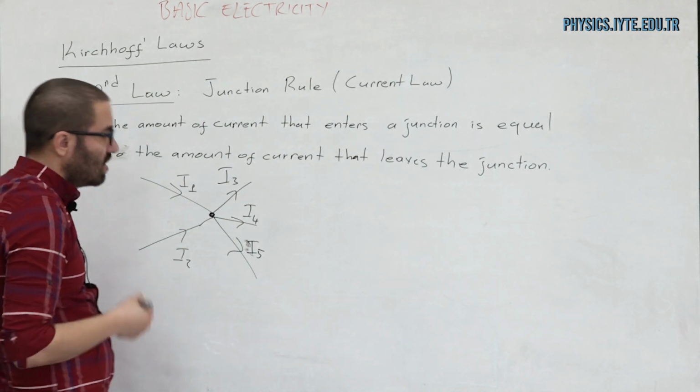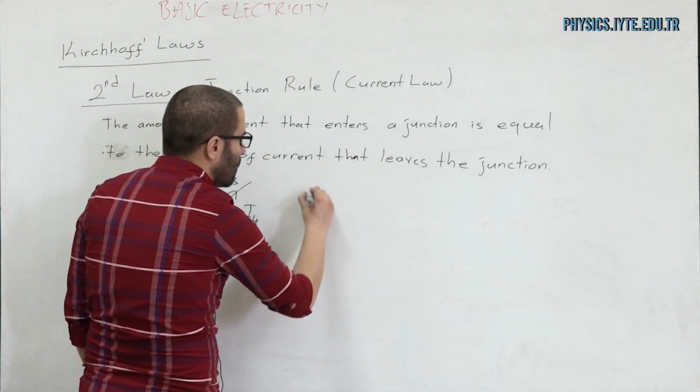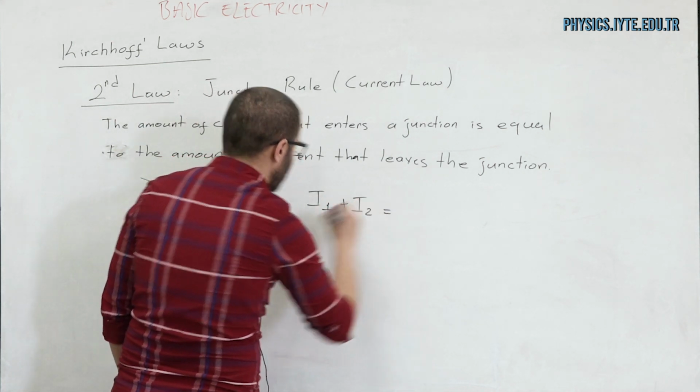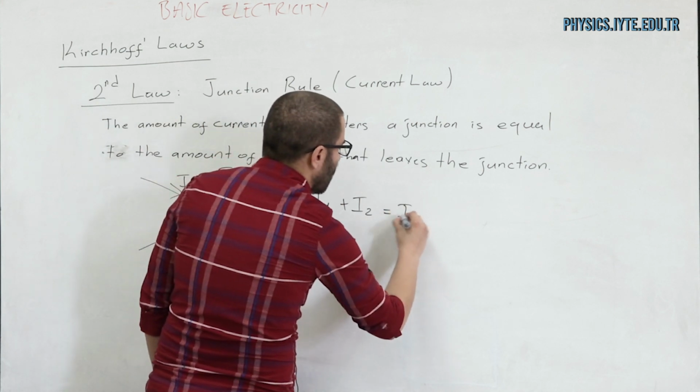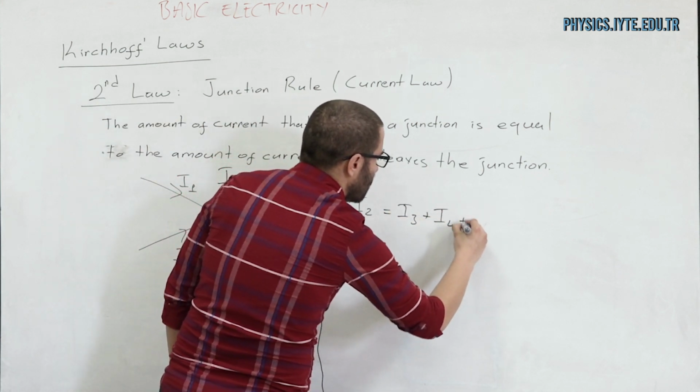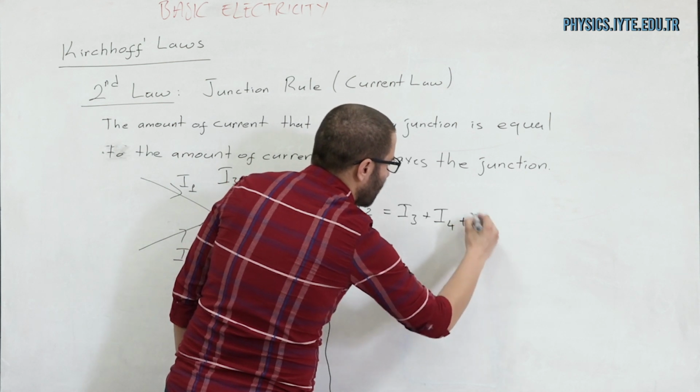So according to the junction rule, I'm going to have I1 plus I2 equal to I3 plus I4 plus I5.